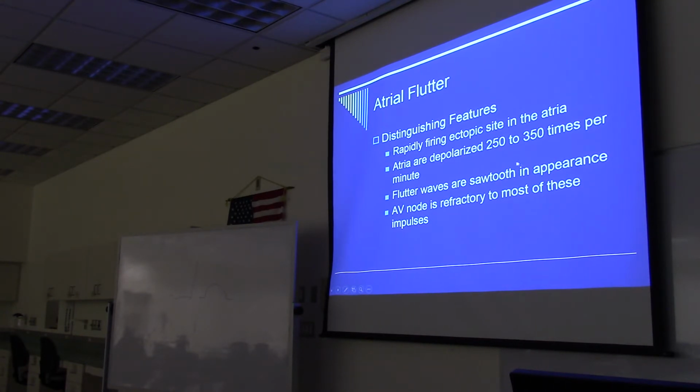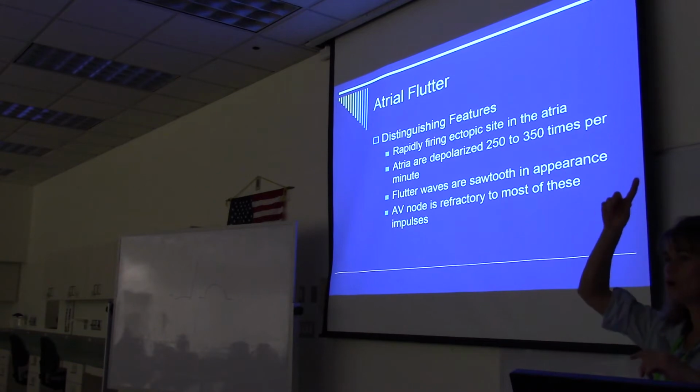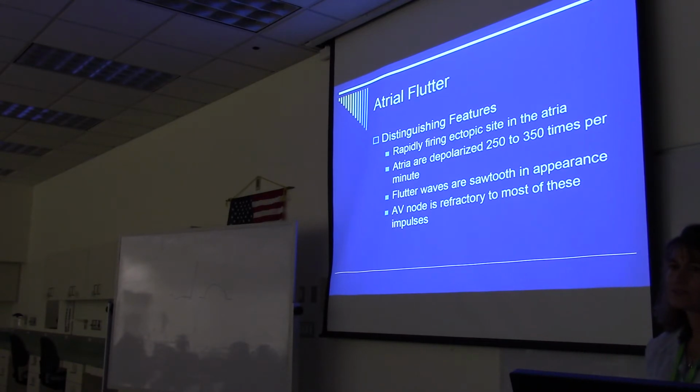So it'll have a sawtooth appearance. The AV node does not respond to all of these flutter waves. It's refractory to most of these impulses. So you would see a lot of P waves, but only some P waves will go through into the QRS.